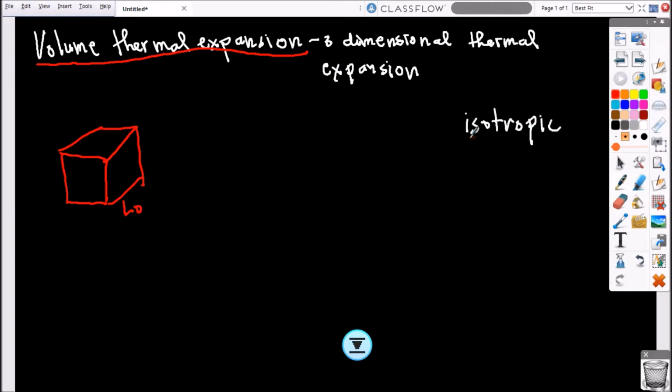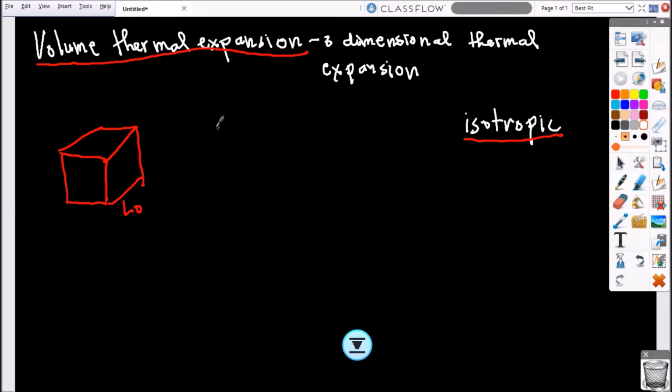The isotropic expansion is the expansion in all directions, the object will expand in all directions as the temperature increases. All right, so we have L of O again as the initial edge of the cube.